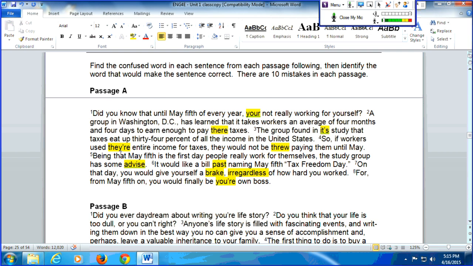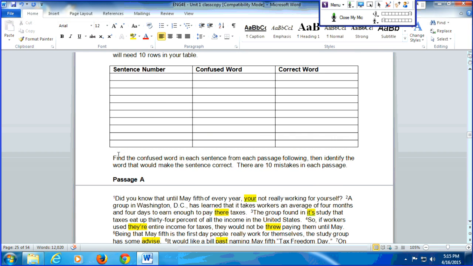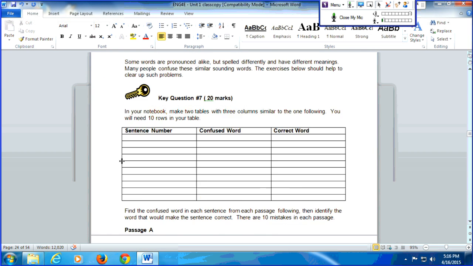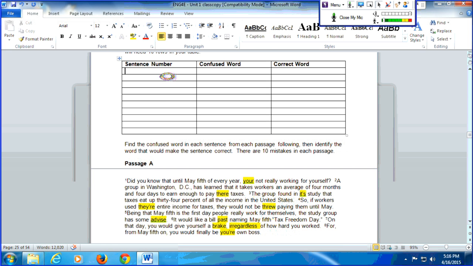What I want to do is go back up to our chart here and fill in those words. So the sentence number is this little number there. So our first sentence, the confused word is your. And the correct way for that is not your, it's you are.